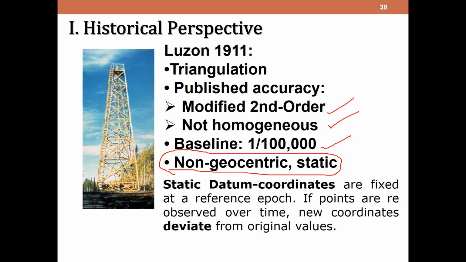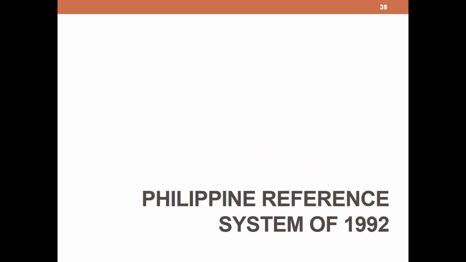A static datum has coordinates fixed at a reference epoch, the time when you established and observed it. If points are re-observed over time, the new coordinates deviate from the original values, because the Earth is moving, the Earth is dynamic, so there are changes. So let's go to the Philippine Reference System of 1992.